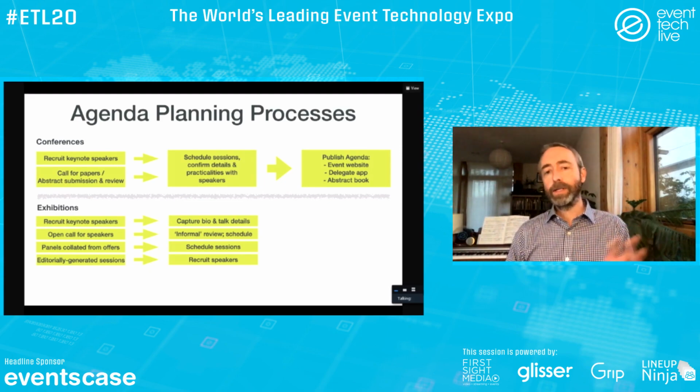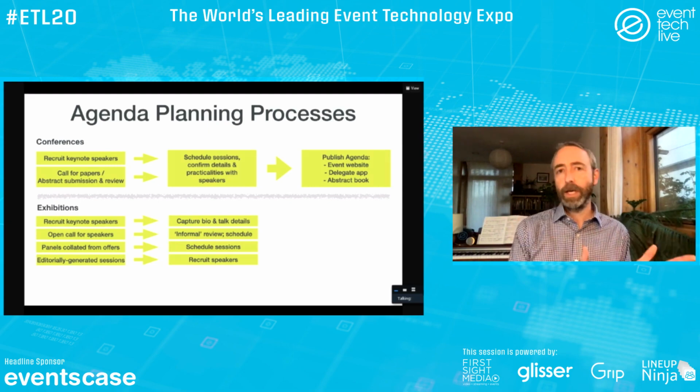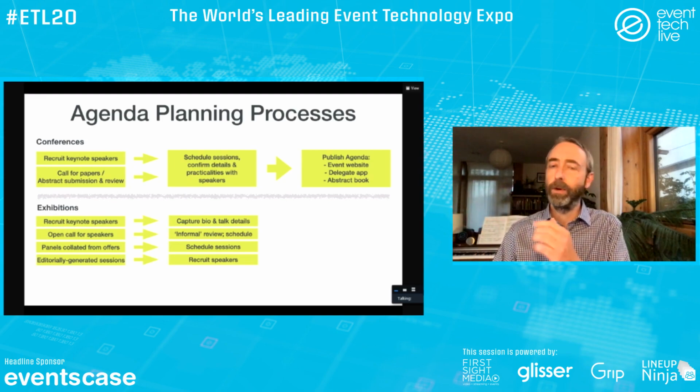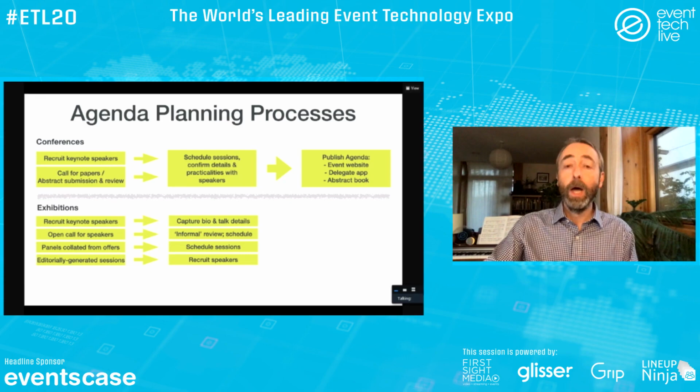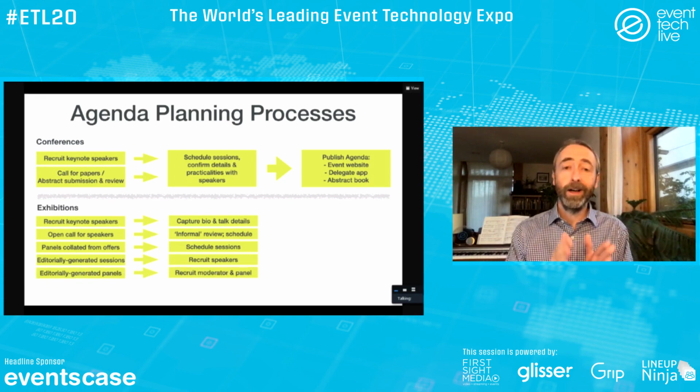And then the organizing team will go out and recruit the speakers for those. So sometimes those sessions will be scheduled right at the start of the process. Sometimes they'll be scheduled later when you've spoken to speakers and found out what their availability is. Similar kind of thing for some panels organized in this editorial way. And then the panelists and the moderators and so on are recruited.